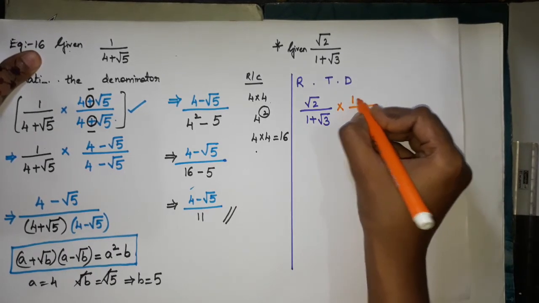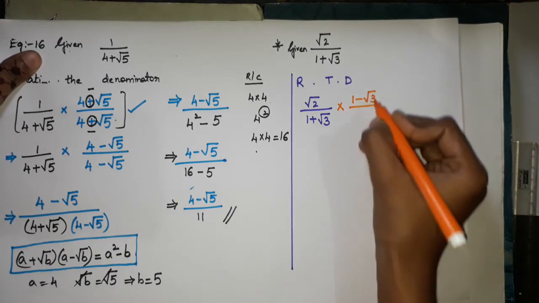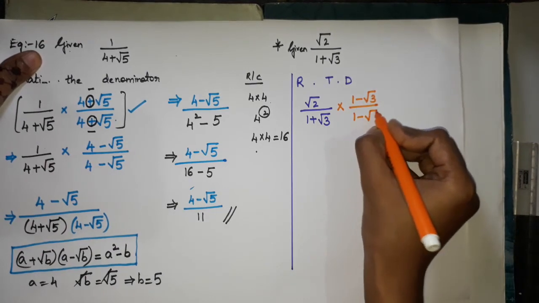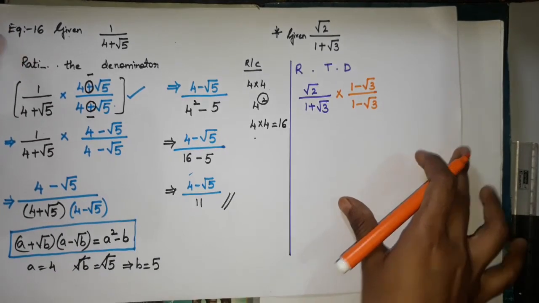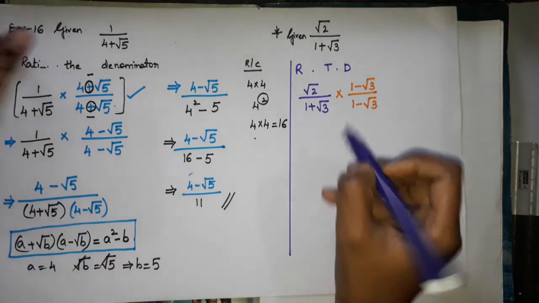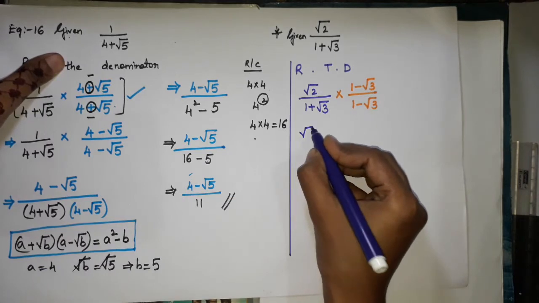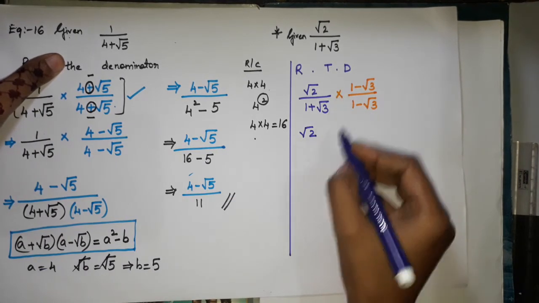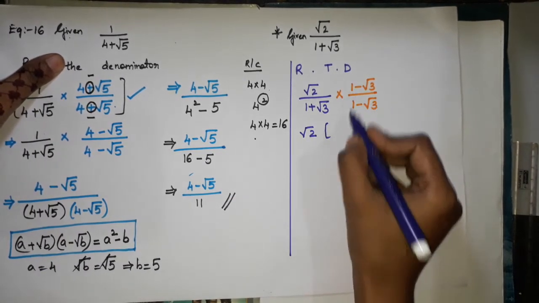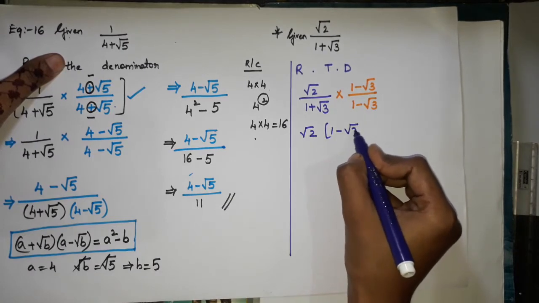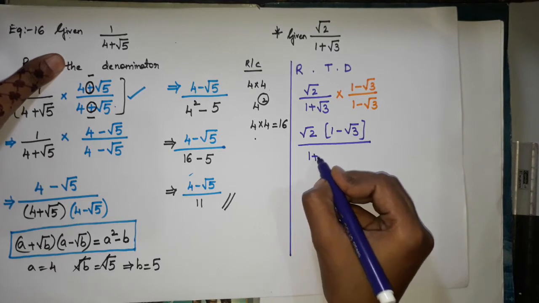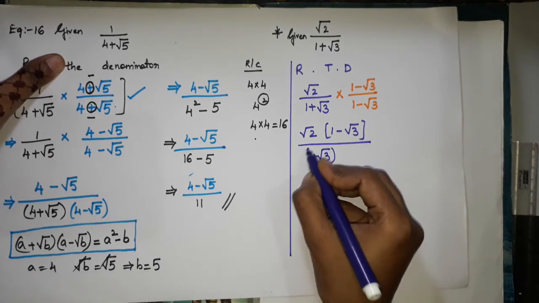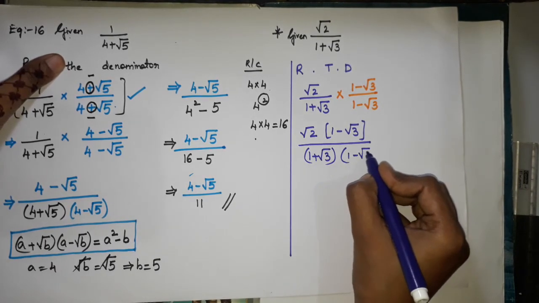So what should I write? 1 minus root 3. Here, root 2 into bracket open 1 minus root 3 whole, divided by 1 plus root 3 into 1 minus root 3.